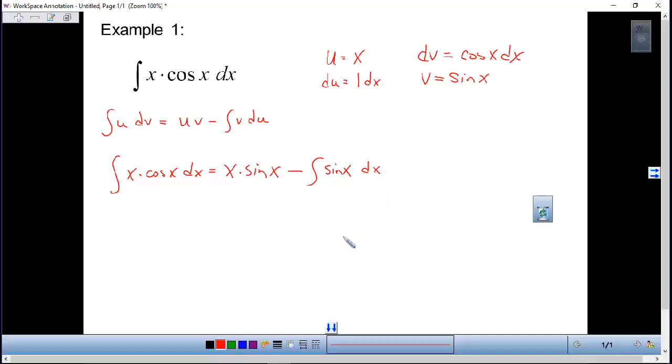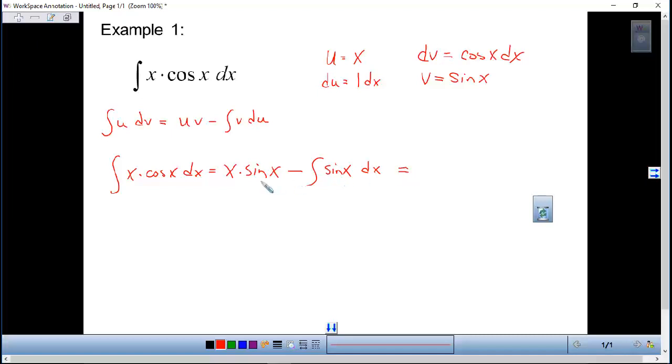All right, so here's the whole benefit of the integration by parts formula. Now we've broken this up, we've expressed this in terms of u's and v's, and du's and dv's, but now we've got a situation where we have a much simpler integral here to solve than what we started off with.